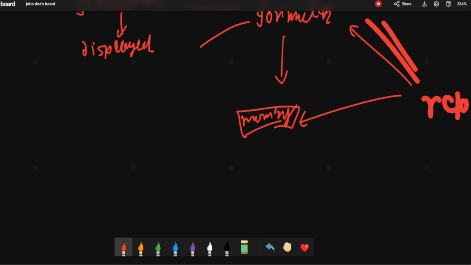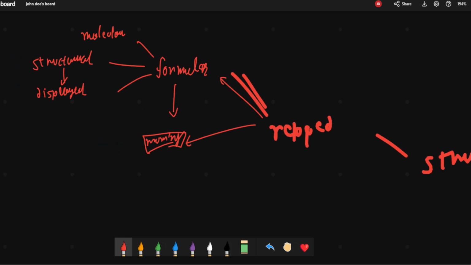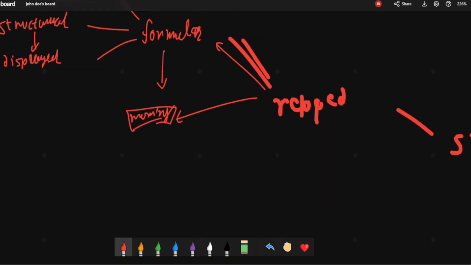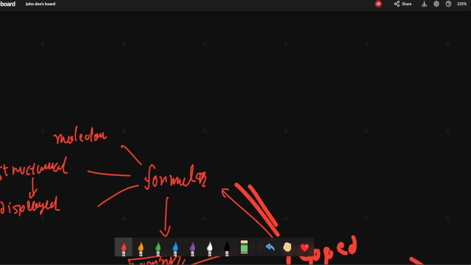So the nomenclature includes a few important things, and we also have one extra formula here: the general formula, which is a type of the molecular formula.